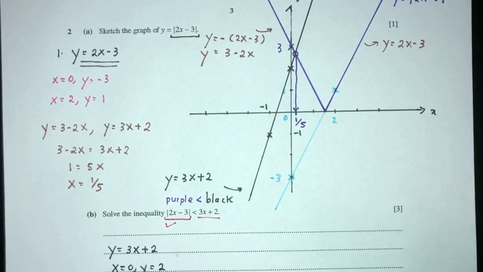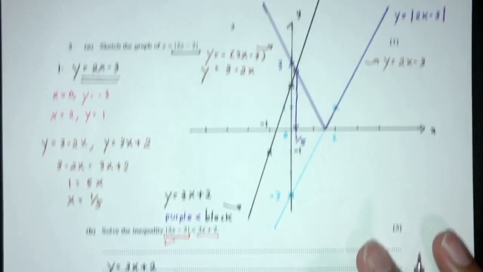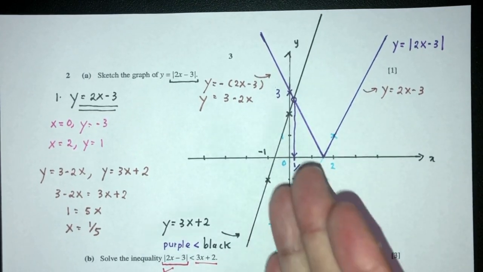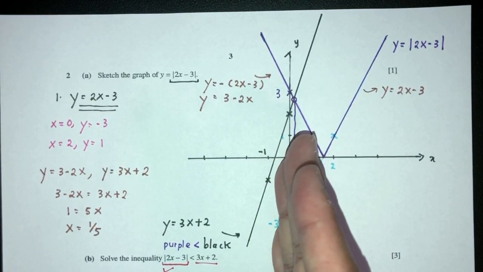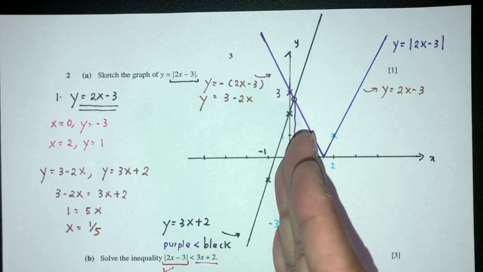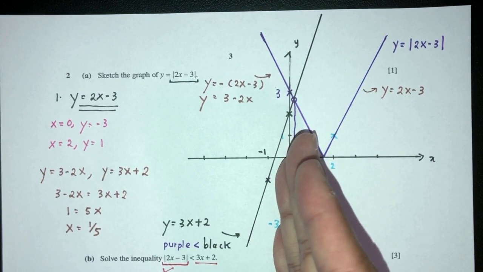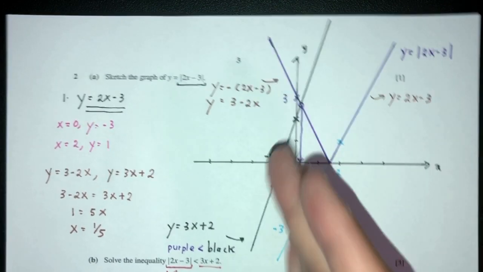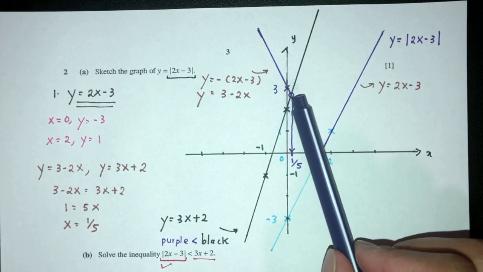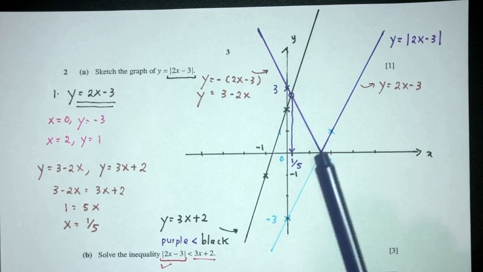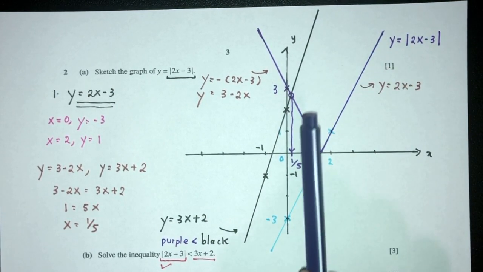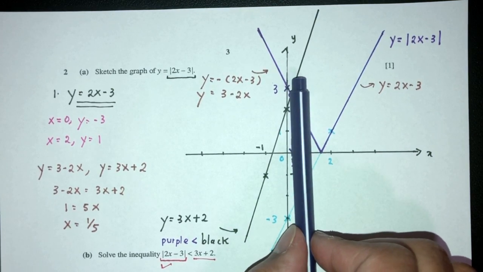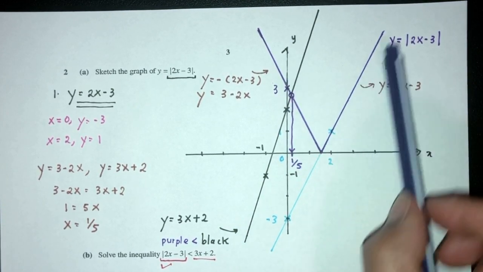Now, again, if you want to use the graph method, you will solve this by observation. For what values of x would the purple line be less than the black line? By observation, you can see the purple line here is clearly below the black line. So obviously, when x is more than this value, it is always below the black line.